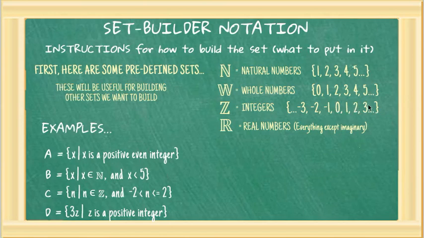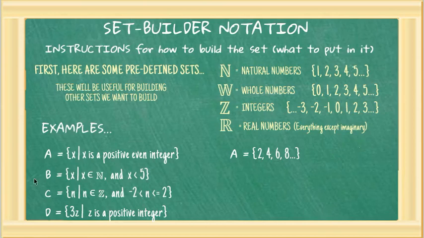And that means 2, 4, 6. So it's going to be 2, 4, 6, 8. Everything is going to keep going to the right to be positive, even, and it has to be an integer. So I can go back to the roster notation we learned and say 2, 4, 6, 8, dot, dot, dot, 10, 12 is going to continue, right?